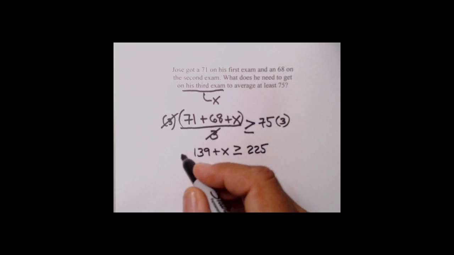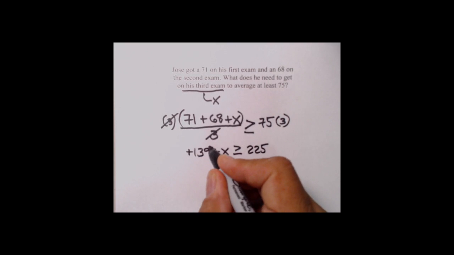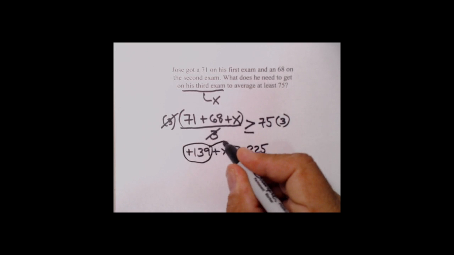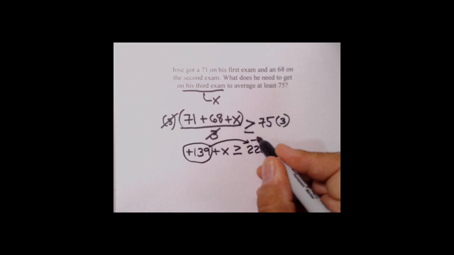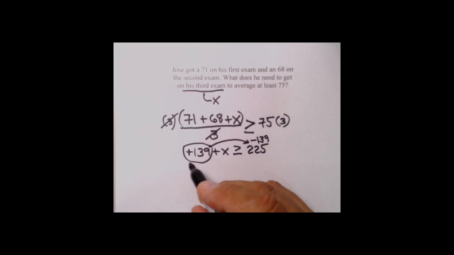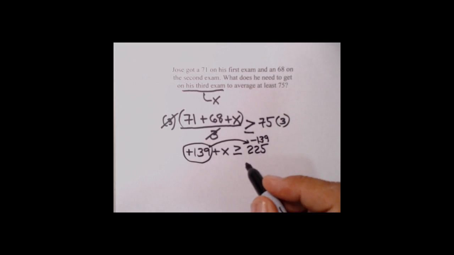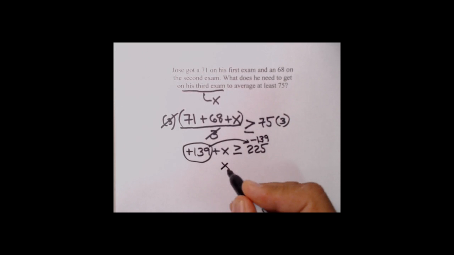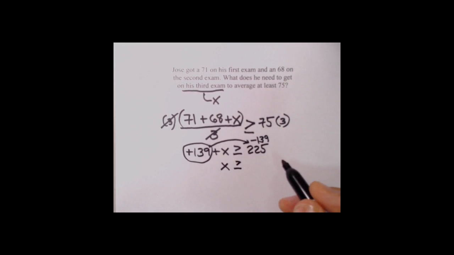Positive 139, okay, goes over the other side as negative 139, and of course, when we're moving things, we never have to flip the inequality, so I get x being greater than or equal to, this guy's been moved, let's see, what do we got here?